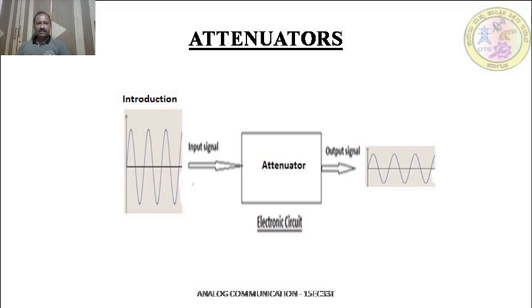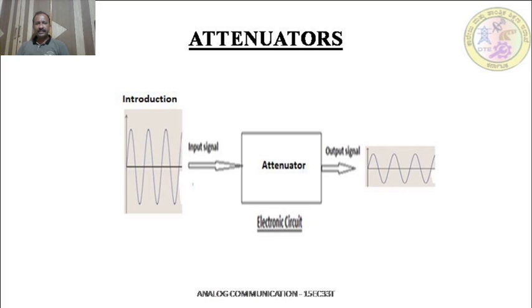Attenuator is a two-port or four-terminal network. Two-port means in an electronic circuit normally you are going to have an input and output available. They are called two-port networks. Normally you are going to connect the input by two terminals and the output by two terminals. Totally you are going to have a four-terminal network.